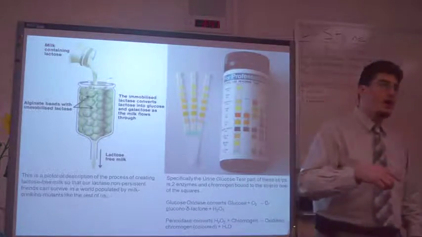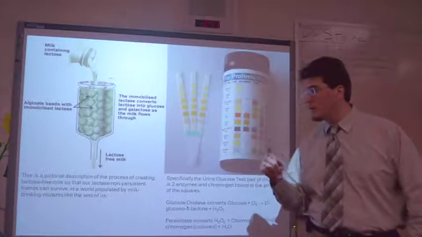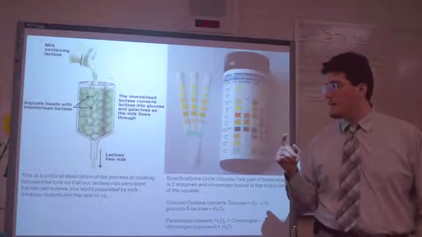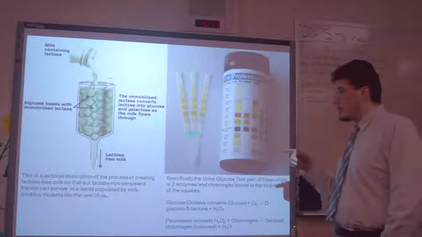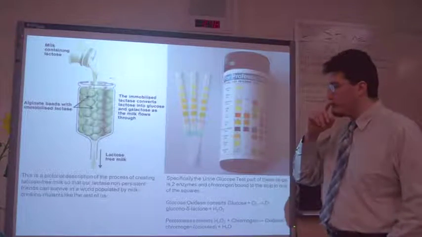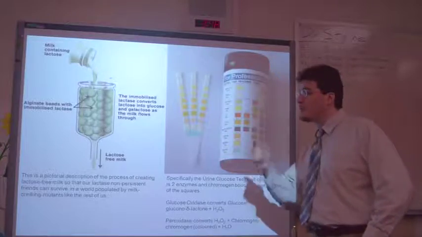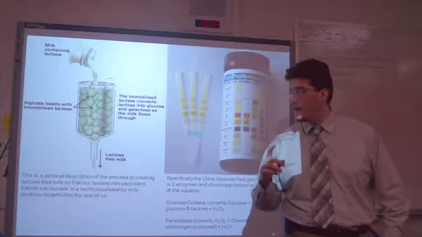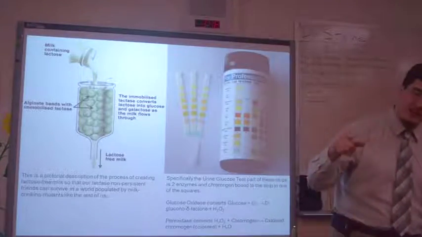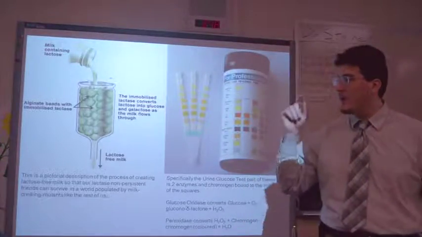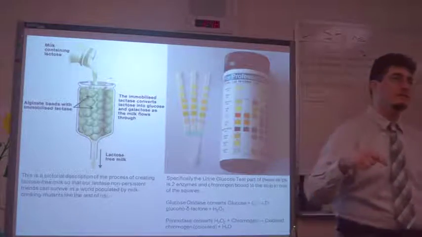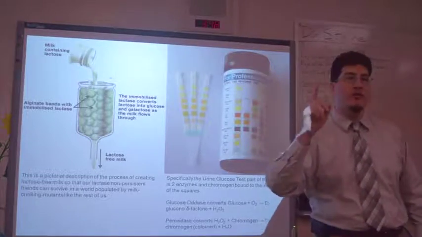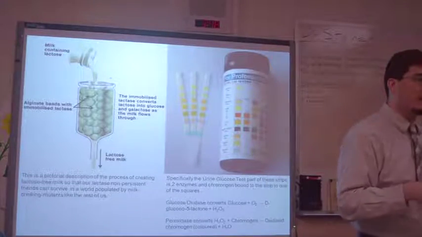So the glucose oxidase converts glucose and oxygen into the gluconolactone and peroxide. And the other one is a peroxidase that converts H2O2 into oxidized chromogen, which is colorful. And it changes the color based on the amount of H2O2 that gets converted.